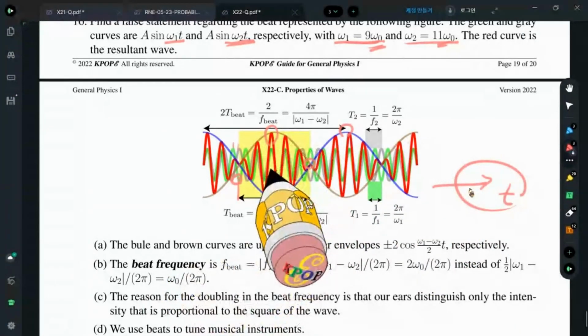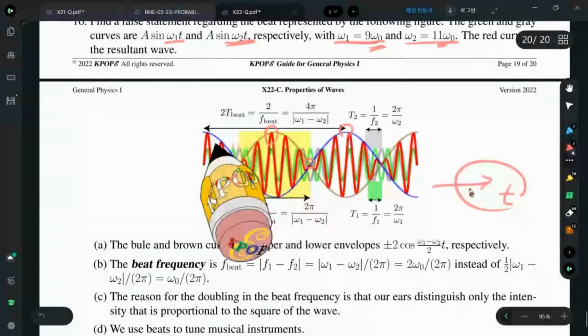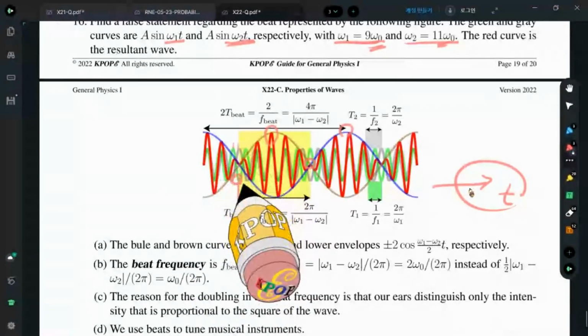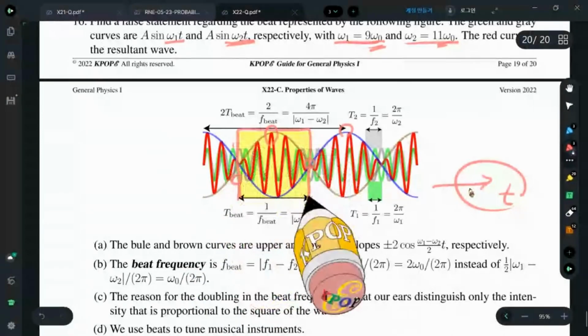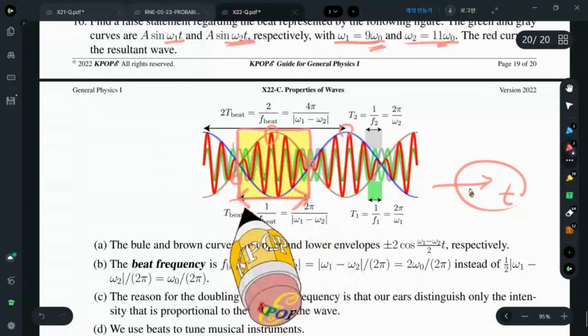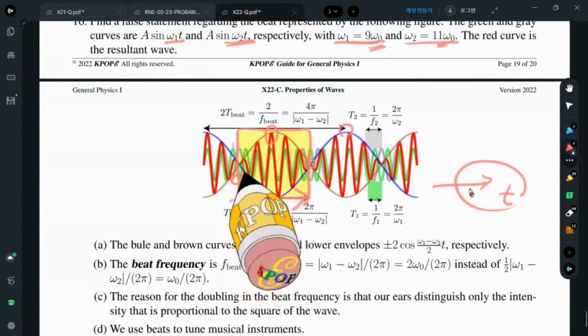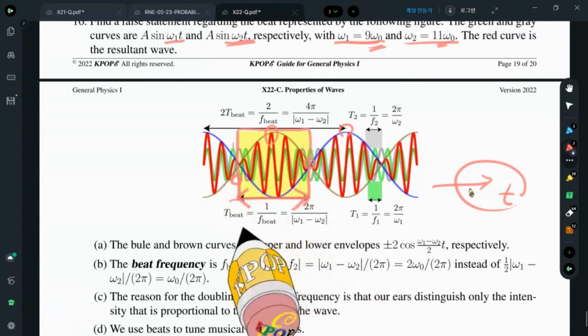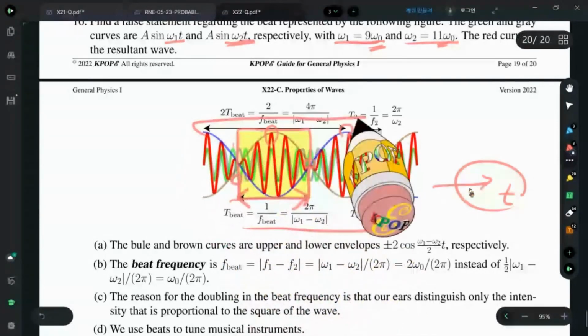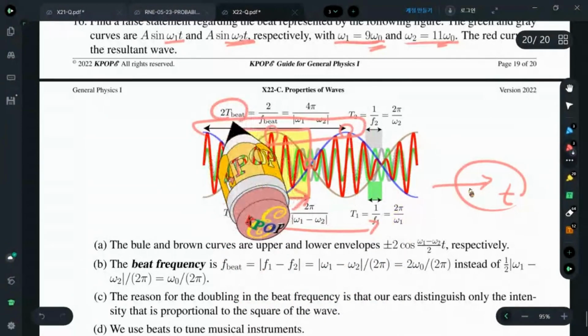Anyway, the actual time of beat that our ear notices is the period of beat, but mathematically this beat has a period of this amount. This is 2 times the beat.